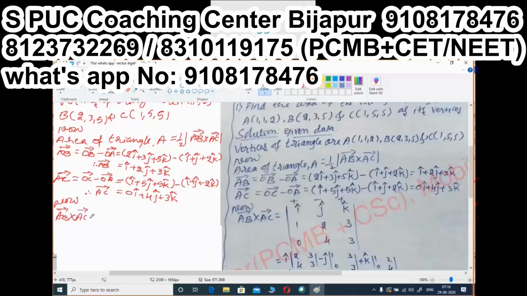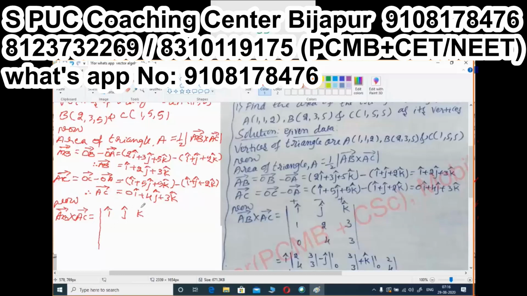So that is the determinant of, tell me how you are going to express it. First row: I cap, J cap, K cap.